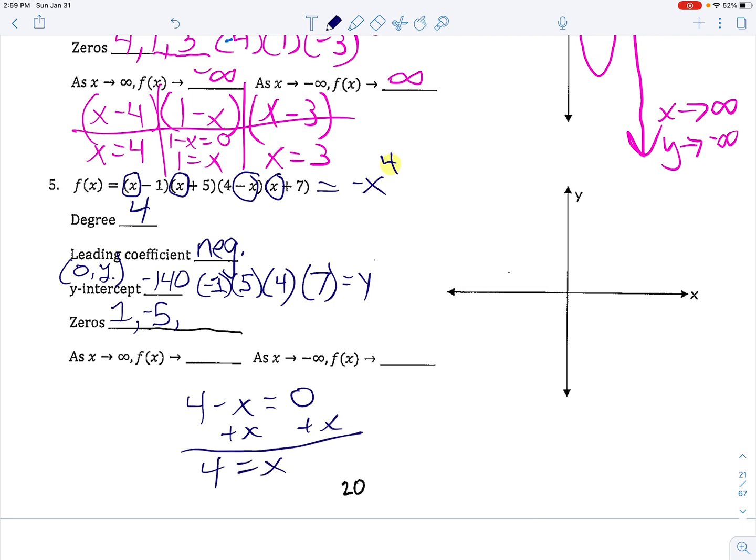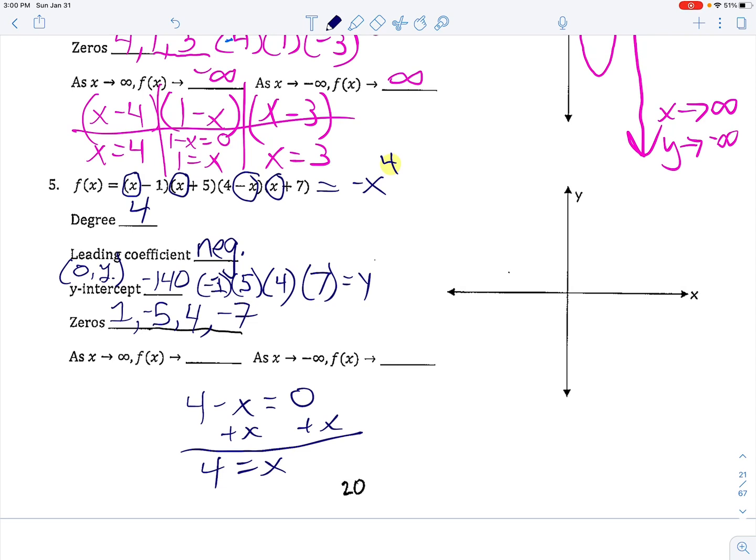Be careful there when you set that factor equal to 0. 4 is your root, not -4, people. Be careful there. And then x plus 7 equals 0, so -7 is your root.